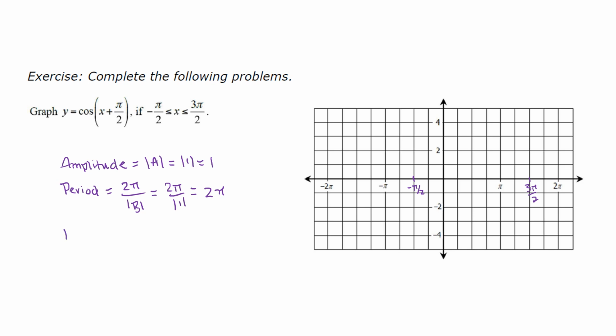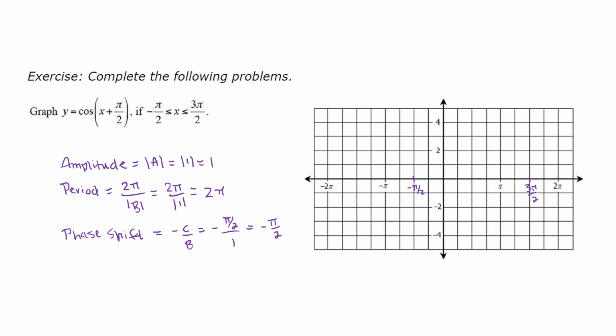And then our phase shift, which is our new transformation, is going to be negative c over b. So that would be negative pi over 2 divided by 1, which is negative pi over 2.